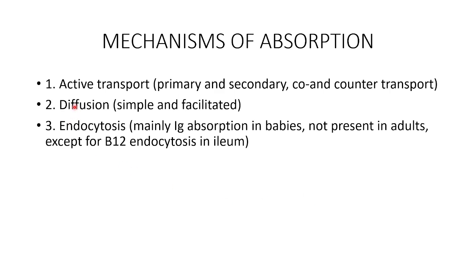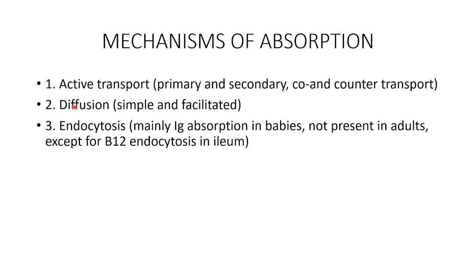Also diffusion. Diffusion is a form of passive transport, which means that it does not require energy. But diffusion can be simple and facilitated. Facilitated requires what? A protein. A transporter.